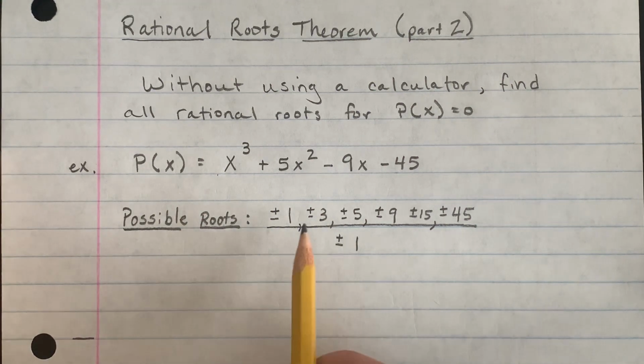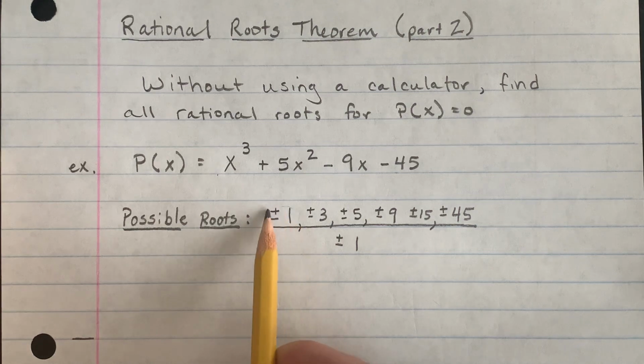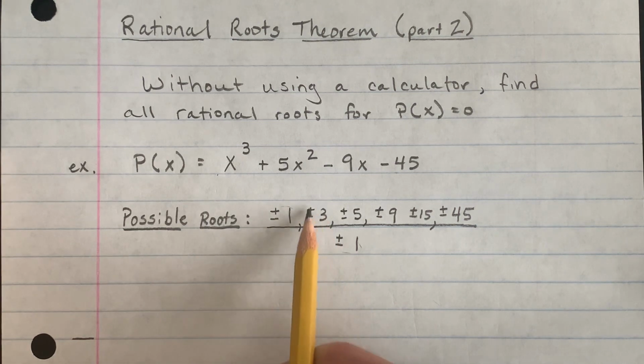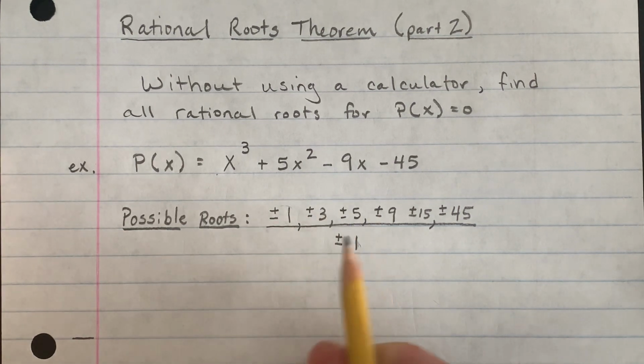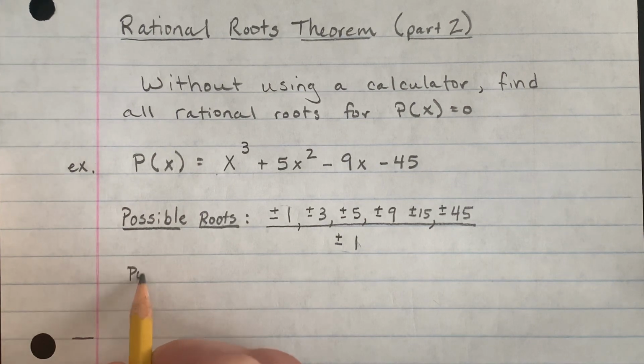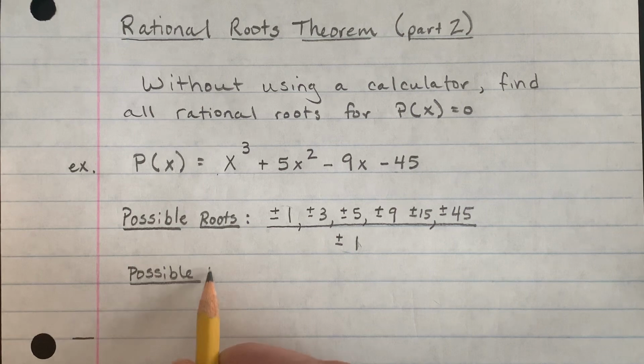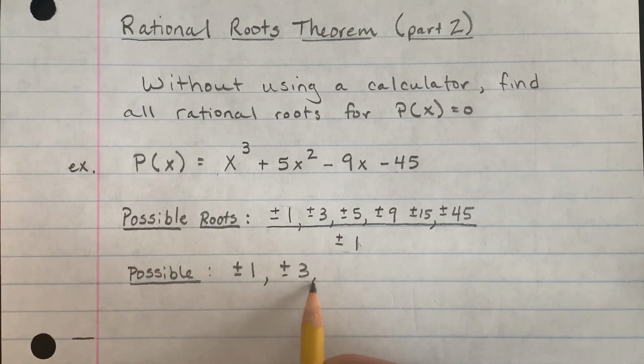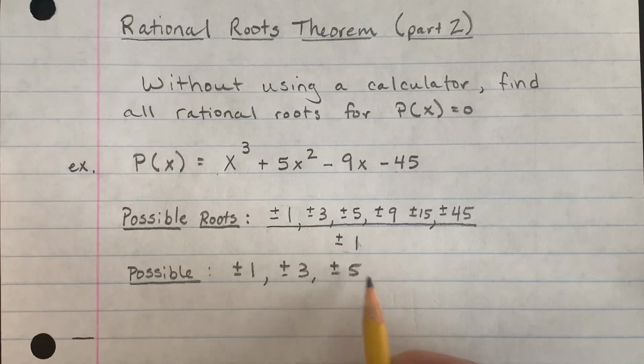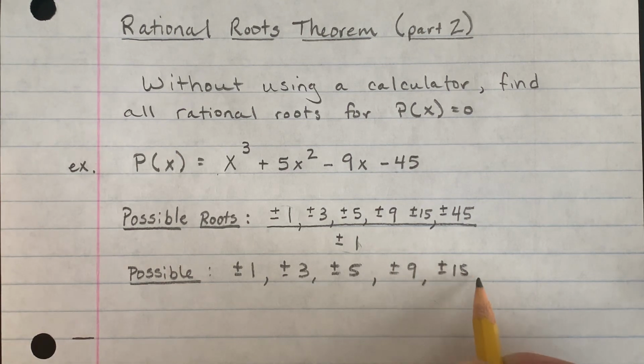Now we need to find the factors of 1, plus or minus 1. And then if you remember from yesterday, you would do this one divided by that, and 3 divided by 1. So all of our possible roots for this particular problem will be plus or minus 1, plus or minus 3, plus or minus 5, plus or minus 9, plus or minus 15, and plus or minus 45.